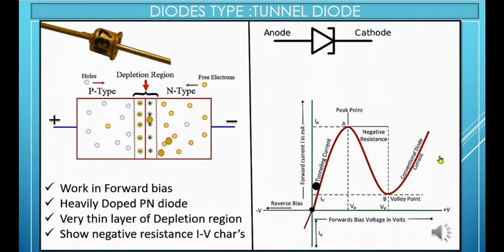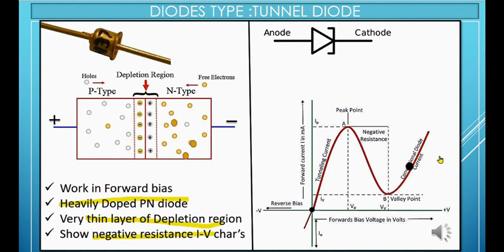In this topic we will talk about the tunnel diode. The tunnel diode works in forward bias, and it is a heavily doped diode compared to a normal PN diode. Due to heavy doping, it has a very thin depletion region. The difference from a normal PN diode is that the tunnel diode shows negative resistance.